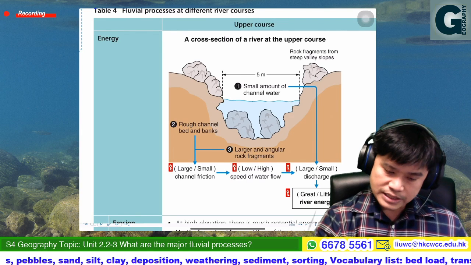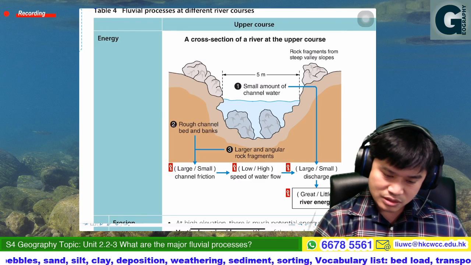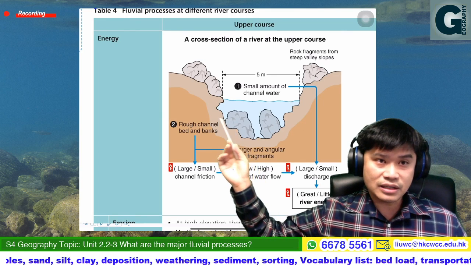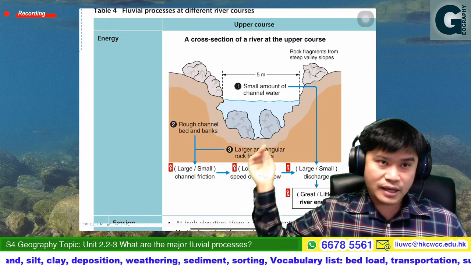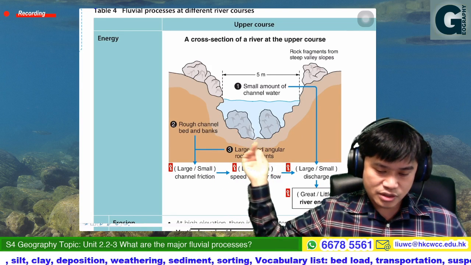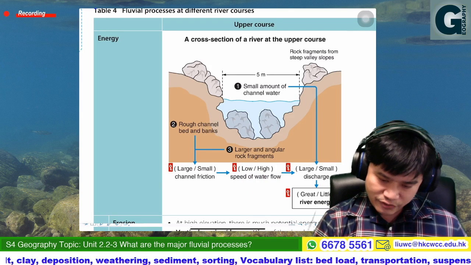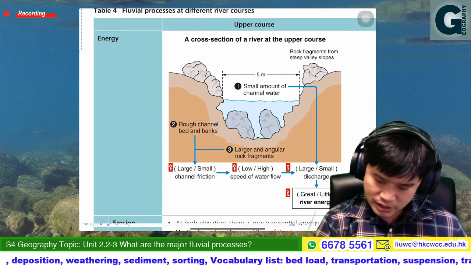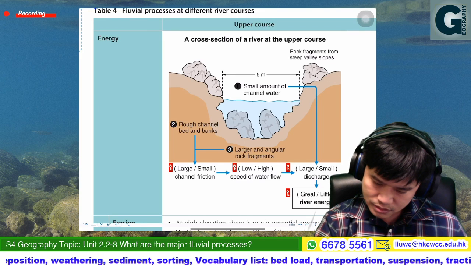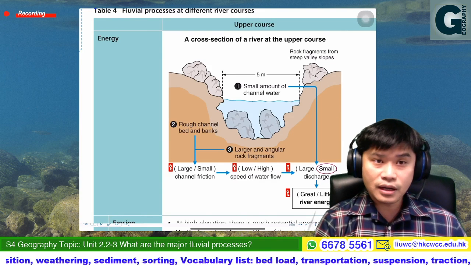So therefore, let's have a look at the cross sections. Okay, you can see the irregular riverbed, and you can see the large bedrock. So therefore, a smaller amount of channel water, then smaller discharge.